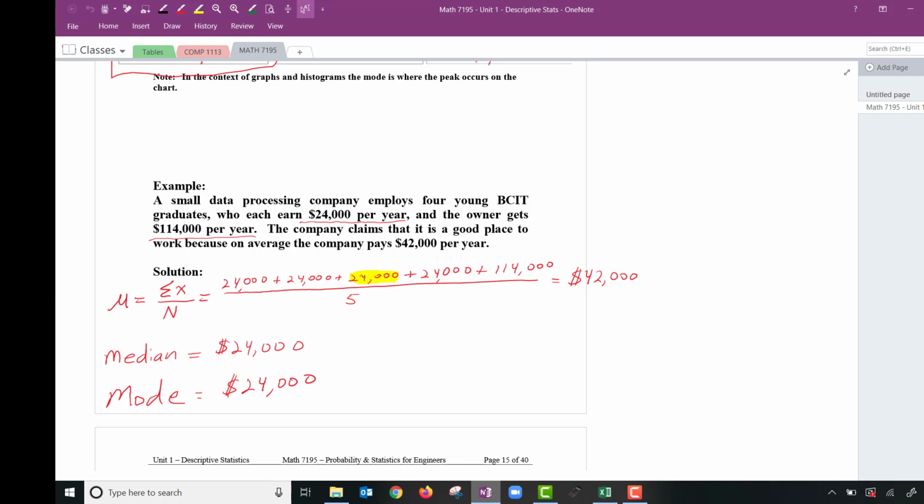You often see this with things like property prices. Instead of listing the mean property price for a home in Vancouver, they'll list the median, because it won't take into account some large mansion that might bring up property values. In my neighborhood, somebody just bulldozed one of the houses, or actually 2 of the houses, and put up a giant house.